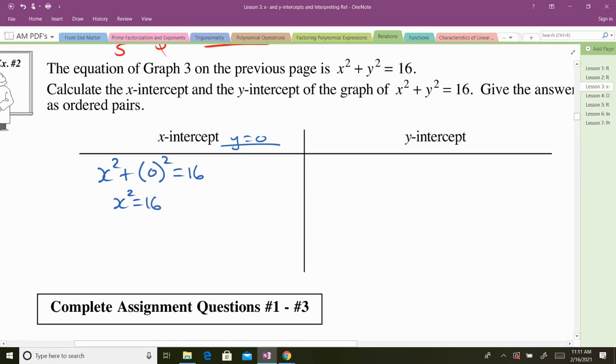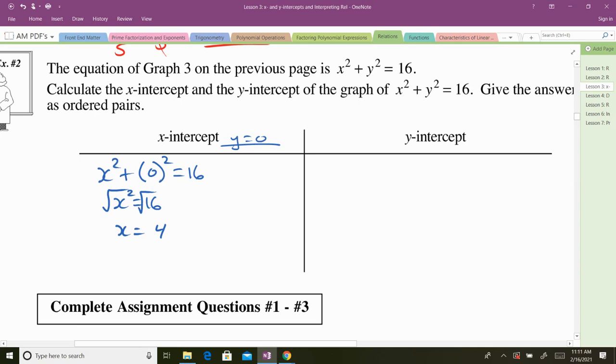Now, if I have x squared is equal to 16, you square root it, right? To get x. If you square root 16, what do you get? Ooh, you got half of it. What's 4 times 4? 16. What's negative 4 times negative 4? 16, right?